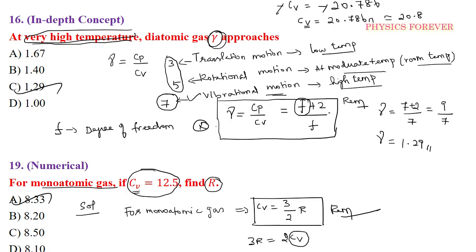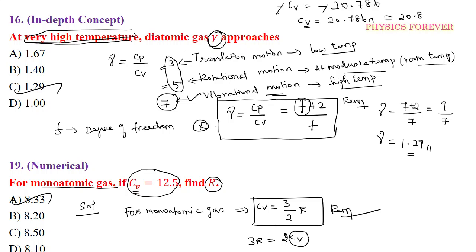For translation, putting 3 plus 2 divided by 3, we get this result. For rotational motion, with degrees of freedom 5, putting 5 plus 2 divided by 5, we get this result. Then for vibration motion we put the values, and comparing these three cases, the ratio decreases. I hope you understand those cases.